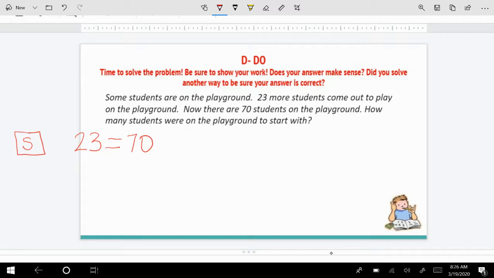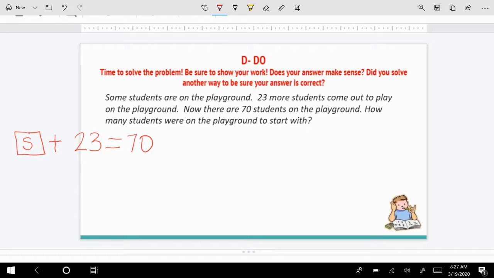So if you see right here, I left a spot where I didn't put my operation to solve. We know if 23 more students are coming out to play, then our situation equation would be S plus 23 equals 70. There's several different ways that you could solve this.